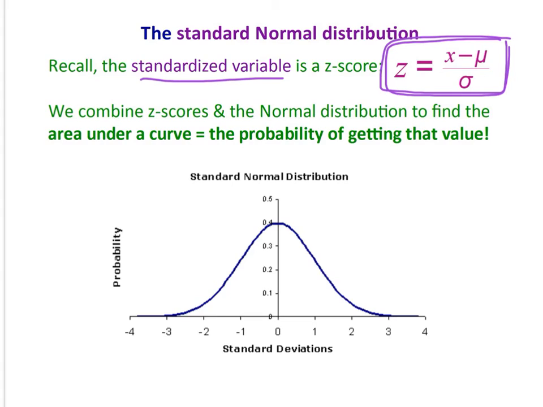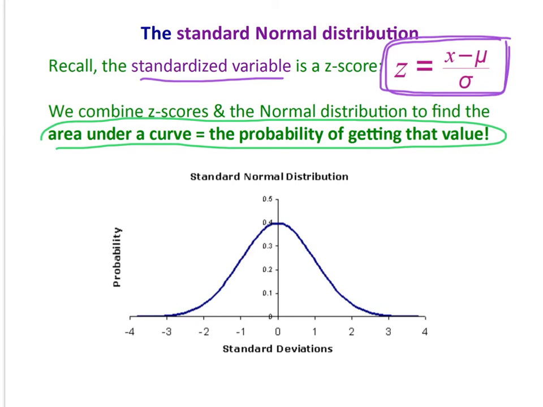So we can combine z-scores with the normal distribution with this unimodal symmetric curve to find the area under the curve, and the area under the curve equals the probability of getting that value.